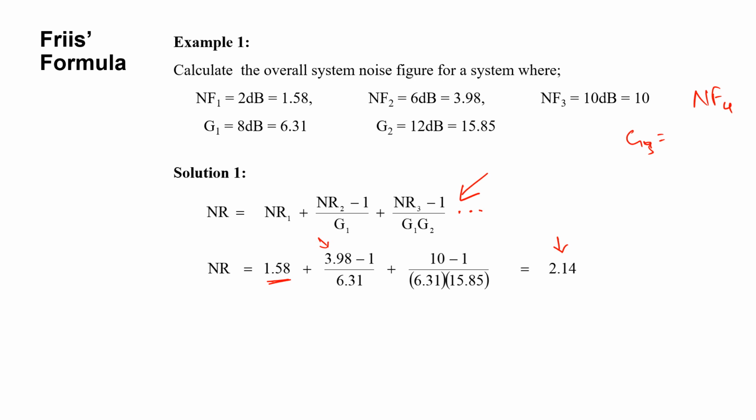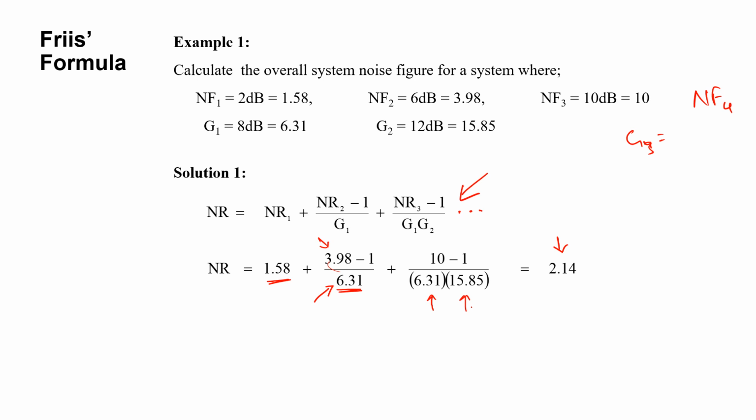There's one important thing to know here: the second term will be divided by a very high gain value. So whatever we receive here will be divided by a higher value, so it will have a smaller impact on this noise ratio. Similarly, the next stage will have a very high value at the denominator, and the numerator will be a standard value.